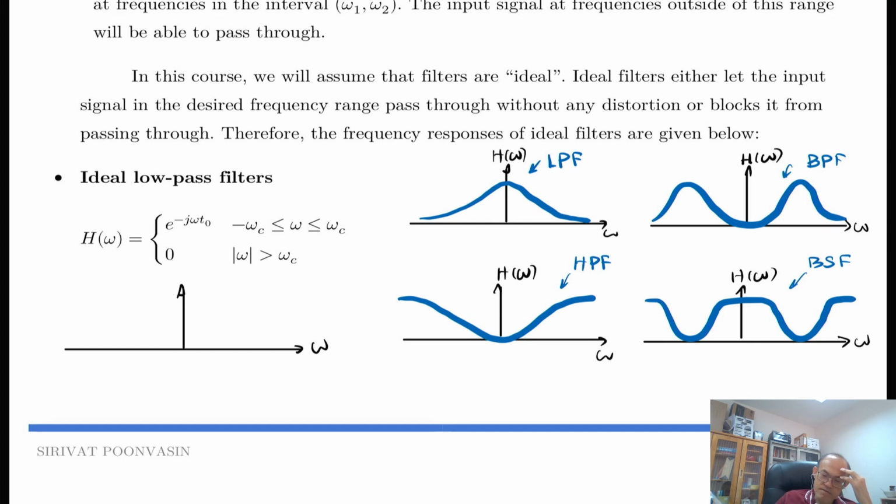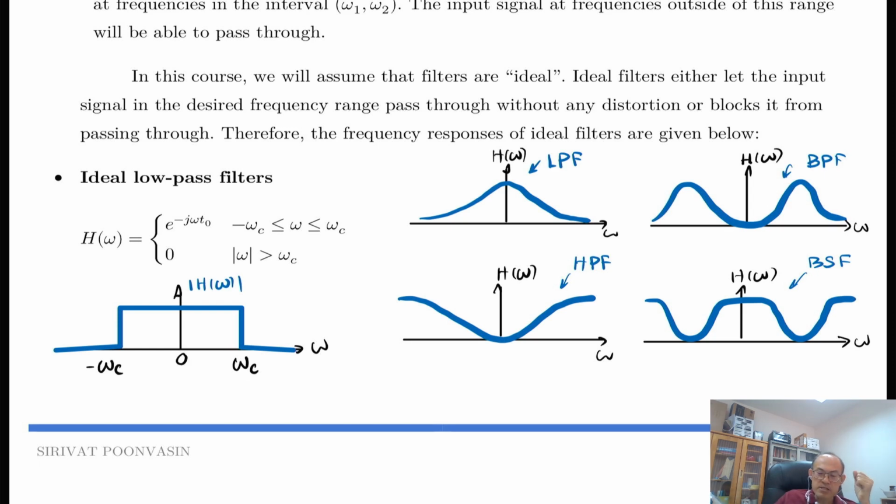It will pass through entirely without attenuation and shut down entirely in the higher frequency. This is omega c. This is minus omega c.